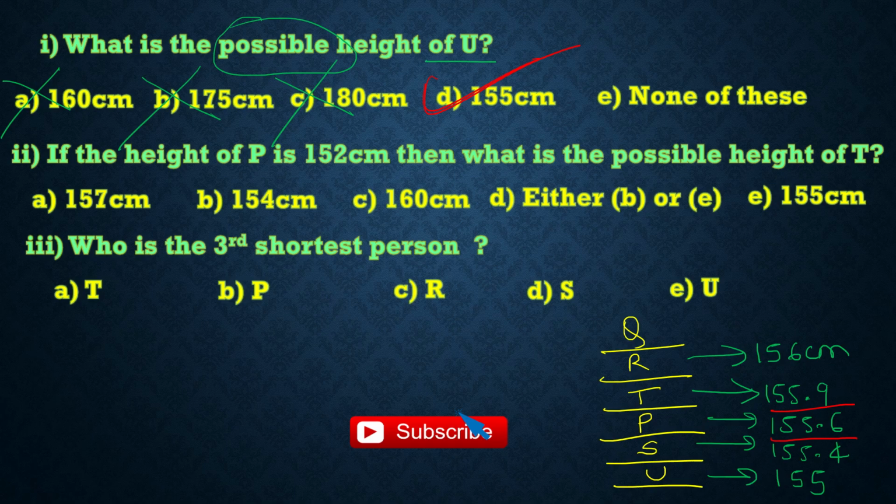Next, if the height of P is 152 centimeter, what is the possible height of T?